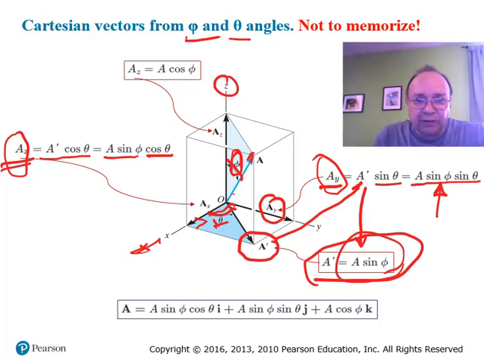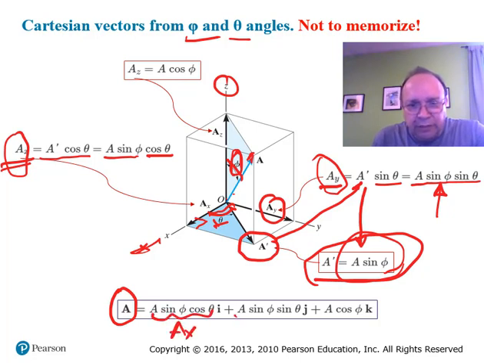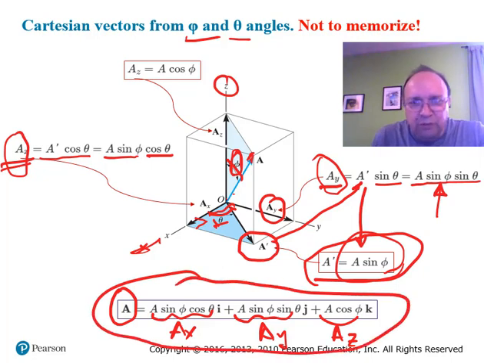So you can find now your vector A as the three components. This will be Ax, this will be Ay, and this will be Az. This is a formula that you don't have to memorize.